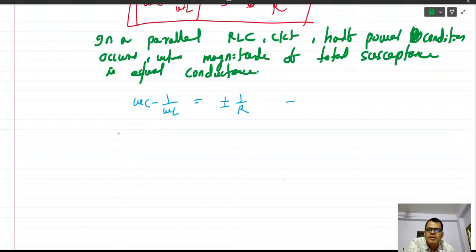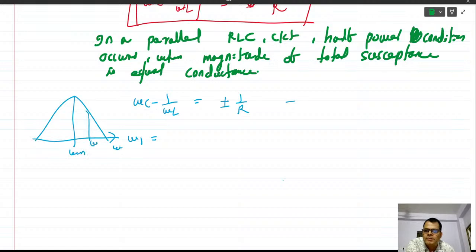So you will find omega 1, this is the curve, this is the omega n, this is omega 2, and this is your upper frequency, where the magnitude is 1 upon root 2, this is 1, that is relative magnitude, okay, and this is omega 1.